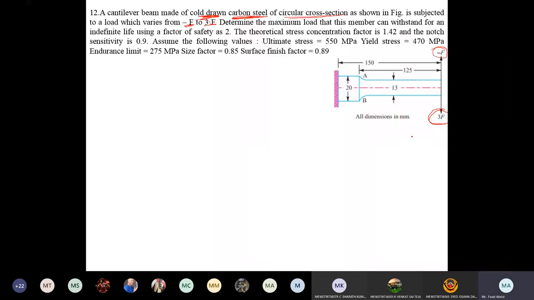And we are asked to calculate what F is here, in terms of Newton.